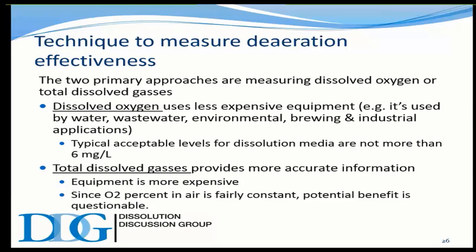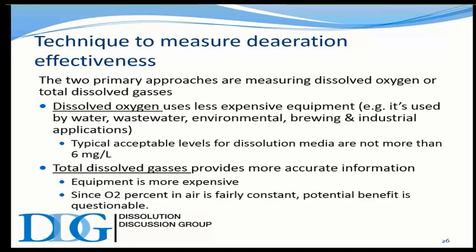Now, dissolved oxygen measurement and equipment is used all through industry. There's water, wastewater, I mentioned brewing, environmental, any type of chemical processing that may have oxidation issues, very important industrially, that is monitored and removed to acceptable levels.